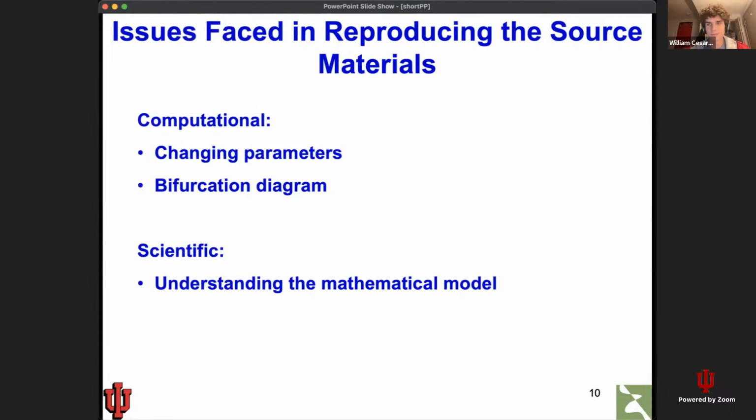I have a bunch more plots, but I didn't really want to talk about them in the PowerPoint. Some of the issues I faced were that changing some of the parameters was computationally oddly hard sometimes because of the way the model was coded.